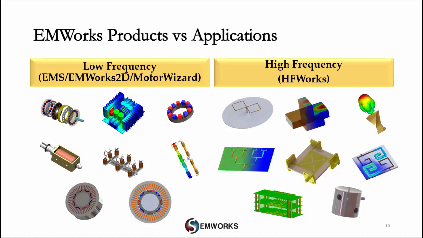Within the low-frequency category, we offer three products: EMS 3D, HFWorks 2D, and Motor Wizard. These products can be used to design and simulate applications like cables, insulators, busbars, solenoids, magnet arrays, eddy current braking, wireless charging, transformers, electrical machines, etc.